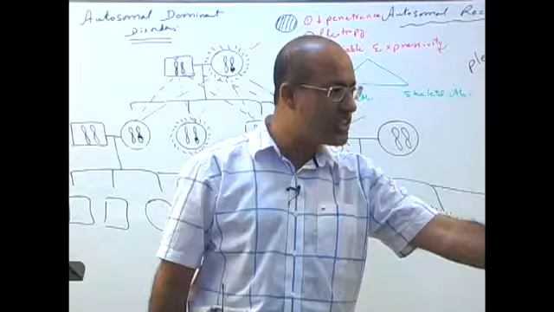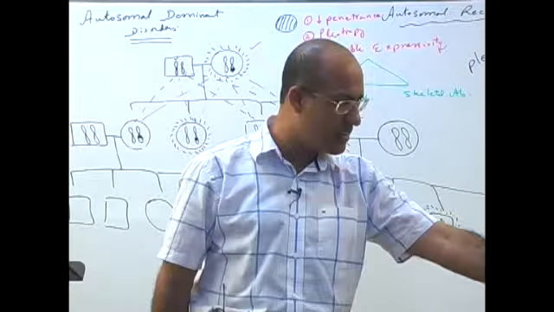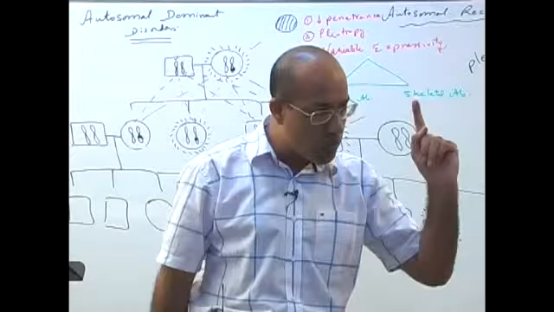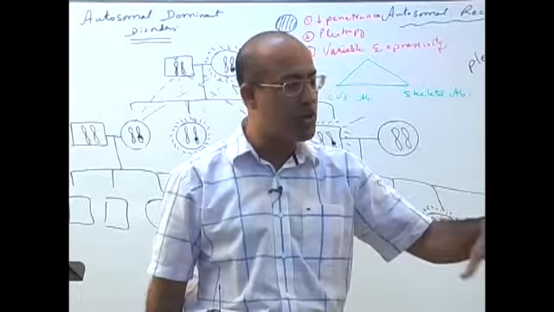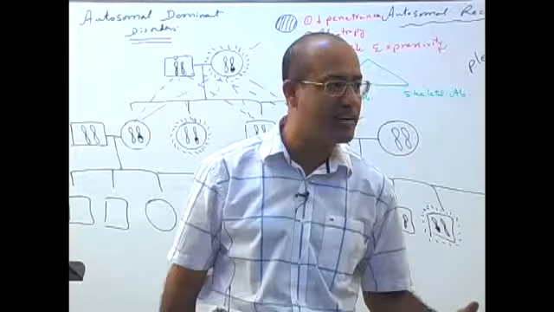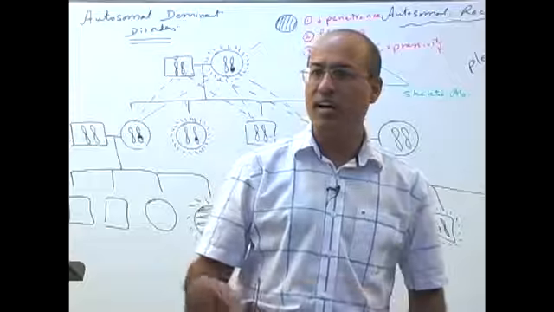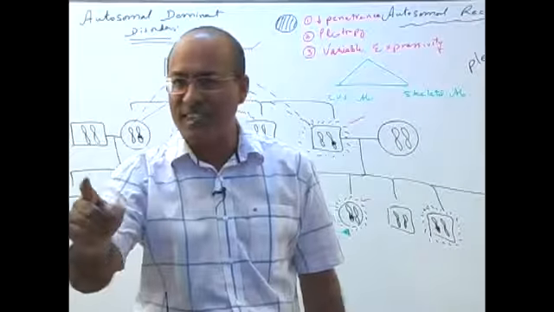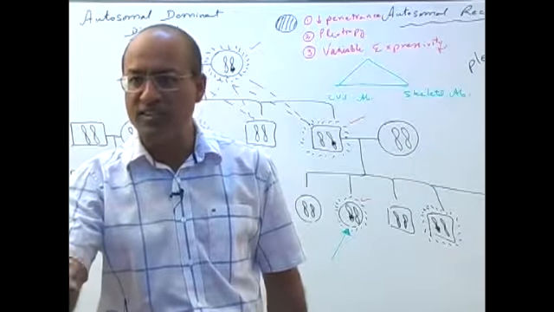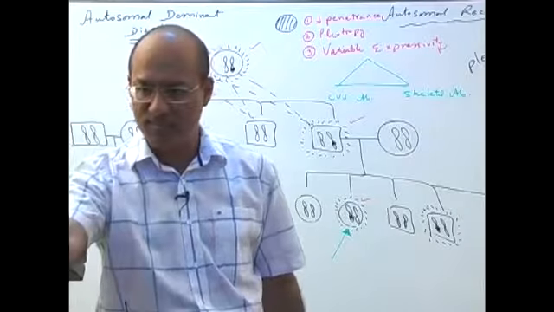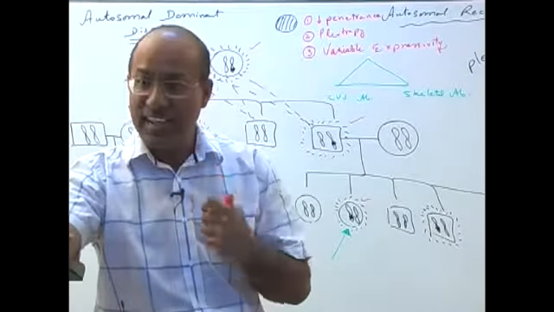If there is one gene defect in autosomal dominant disease, that one gene defect may produce abnormalities in multiple systems. What is that? Pleiotropy. Different patients of the same disease may express the disease with different severity. Variable expressivity.